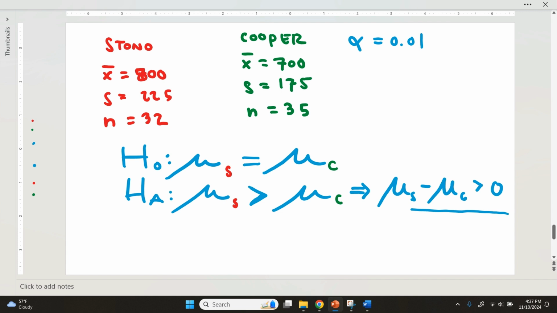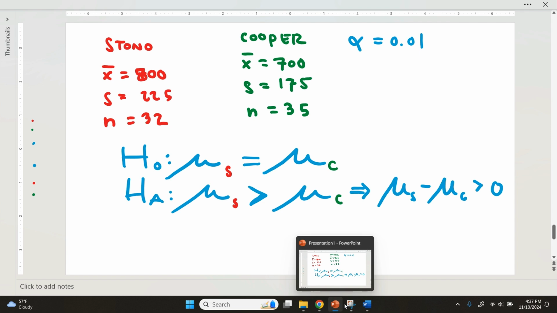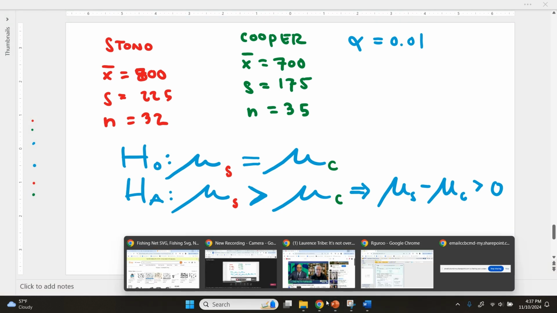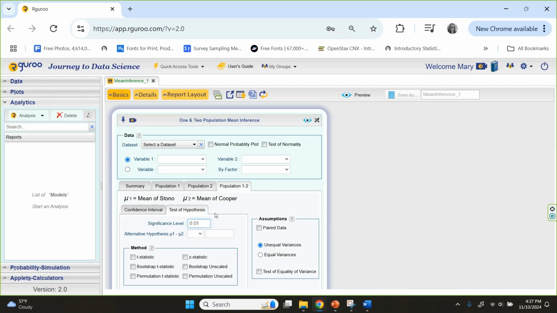Now, again, this is just an alternate way to write it. You do not have to write it that way, but this is the way a lot of software packages recognize the hypothesis statements. So here we are. So that's what it means here. Alternative hypothesis, mu1 minus mu2 is greater than 0. So that's how we communicate it.